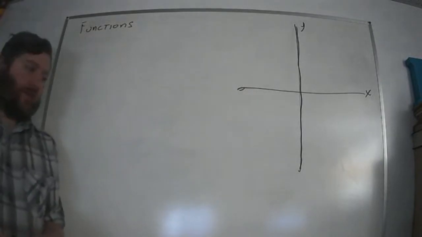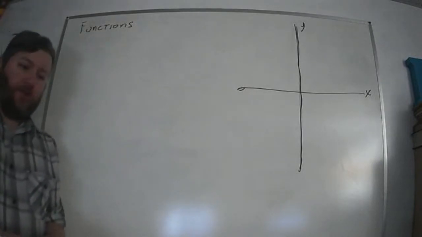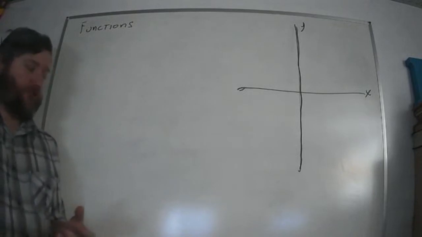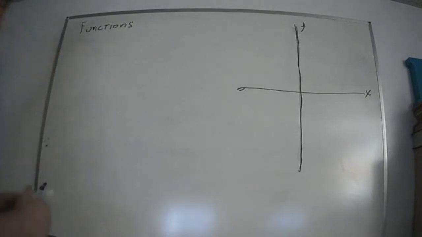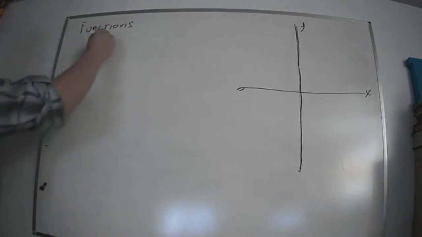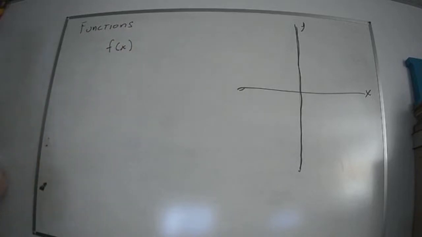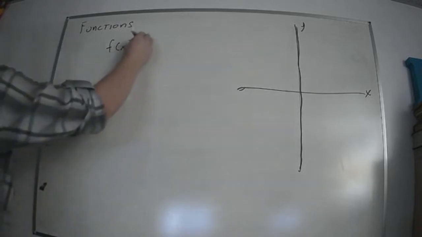So our next step is to talk about functions, now that we've talked a little bit about lines in the coordinate system. So what is a function? We write functions as f of x. That is a function of x, and then we give it some value. And we'll say this equals something.